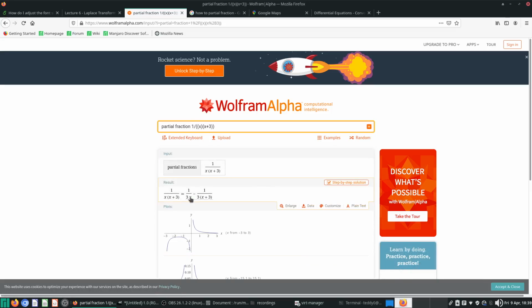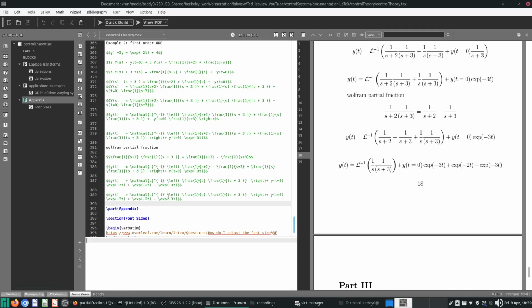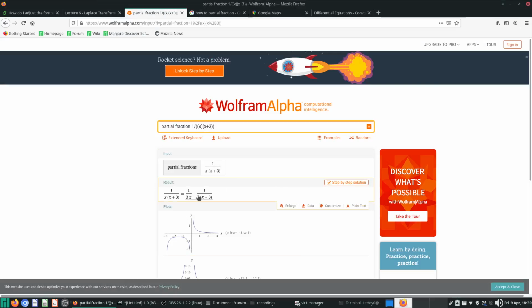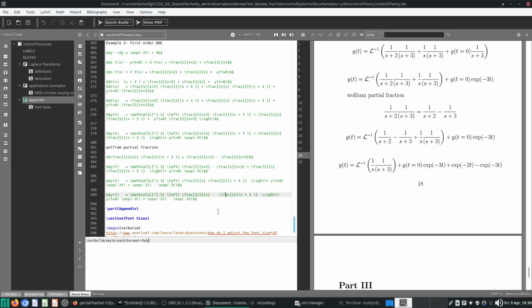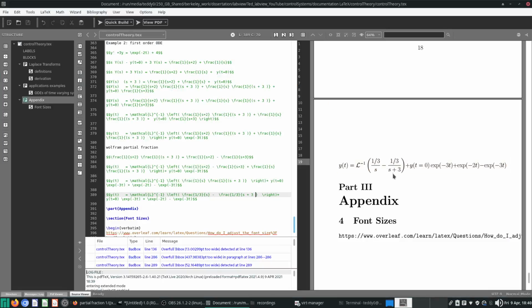So now this one also quite simple: 1 over 3s minus 1 over 3 times s plus 3. If I'm not wrong, yeah. So that's quite simple as well.